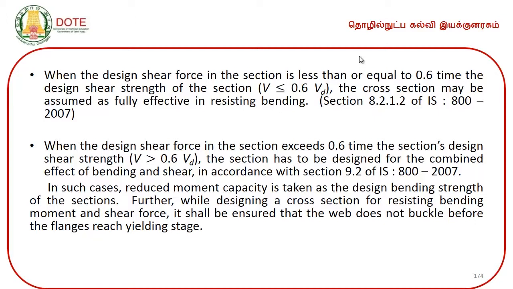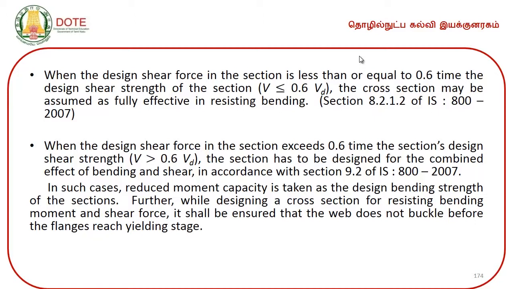On the other hand, when the design shear force in the section exceeds 60%, that is 0.6 times the section's design shear strength, the section has to be designed for the combined effect of bending and shear in accordance with the provisions given in IS 800:2007.